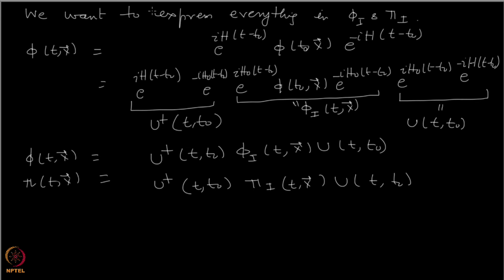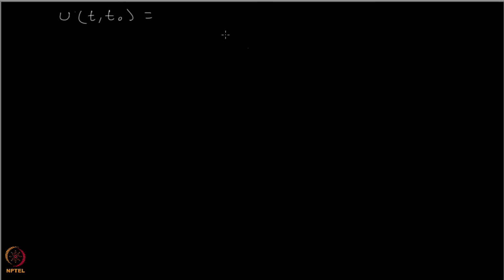Let me write what U is. U is this. What was the U? e to the iH0(t - t0) and then e to the minus iH(t - t0). Okay, remember these two exponentials, they do not commute.